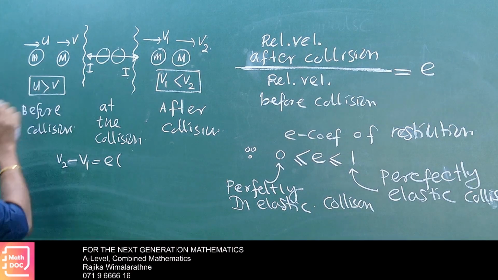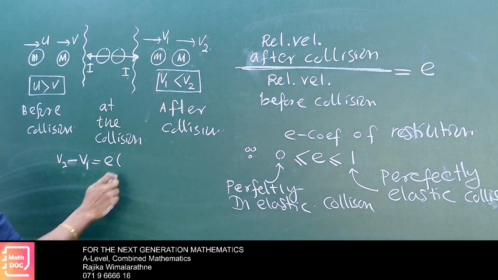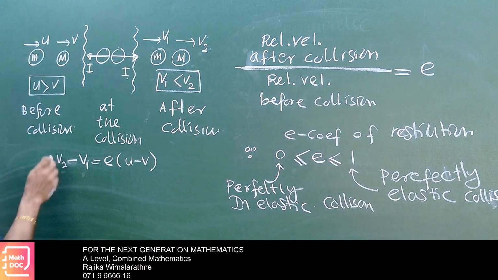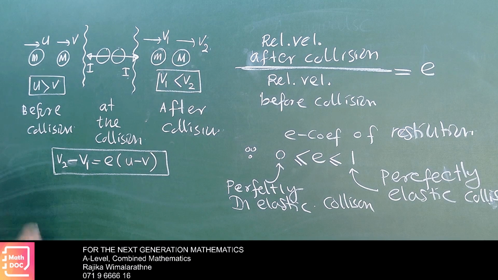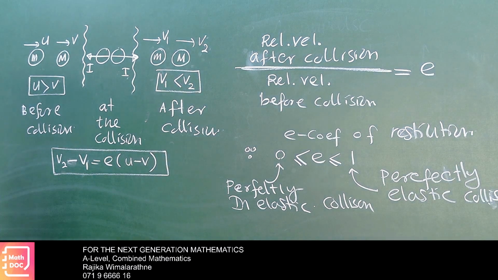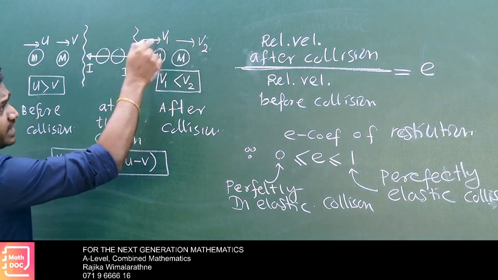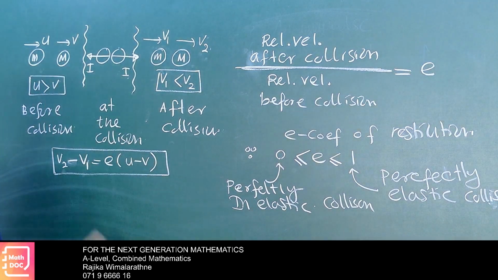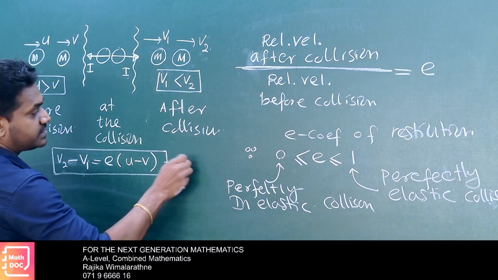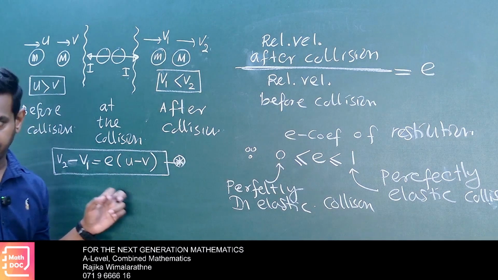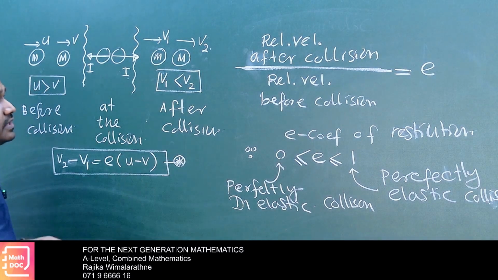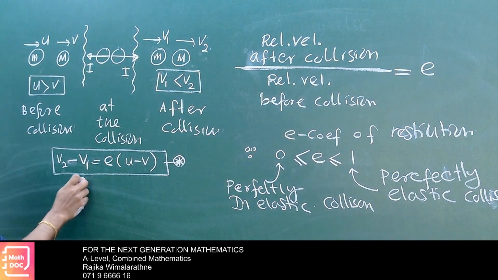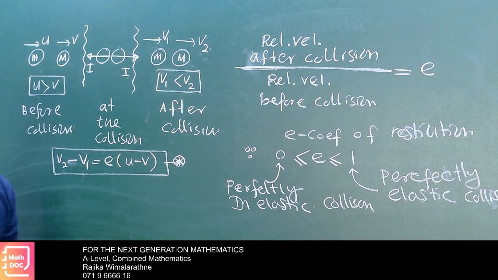Here we know u is greater than v, therefore same direction velocities, relative velocity is u minus v, no? This is Newton's law of restitution. Relative velocity after collision, meaning v2 minus v1, equals E times relative velocity before collision, u minus v. Okay. This is what we call Newton's law of restitution. You better sketch this one and how to apply Newton's law of restitution.